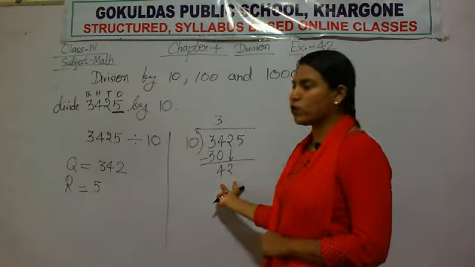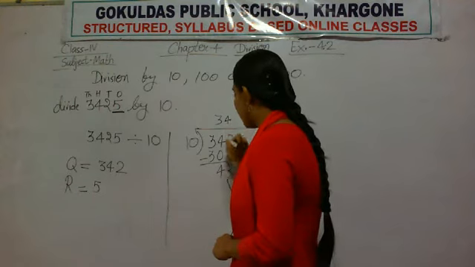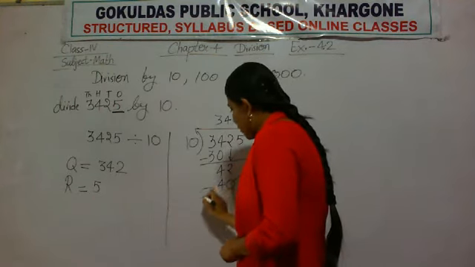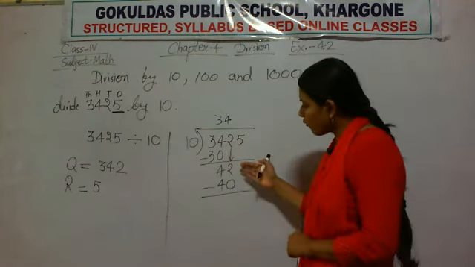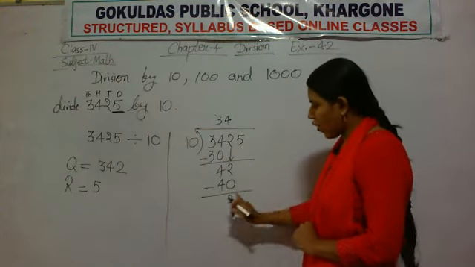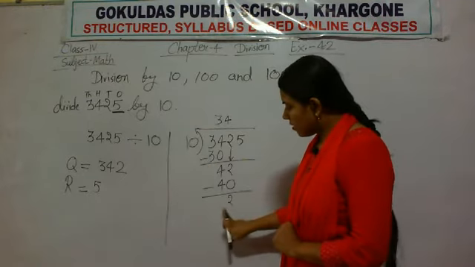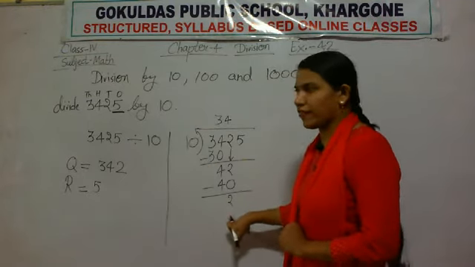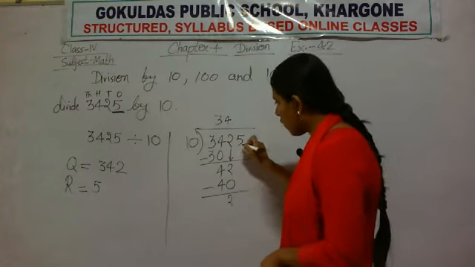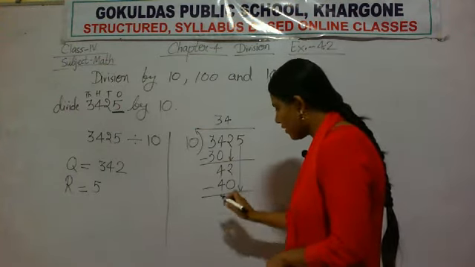And yes, 42 is larger than 10, so we can divide it. So 10 4s are 40. Now 42 minus 40 gives you 2 as a remainder. Now 2 cannot be divided by 10 as 2 is smaller than the divisor, so we will bring down the 5 over here.